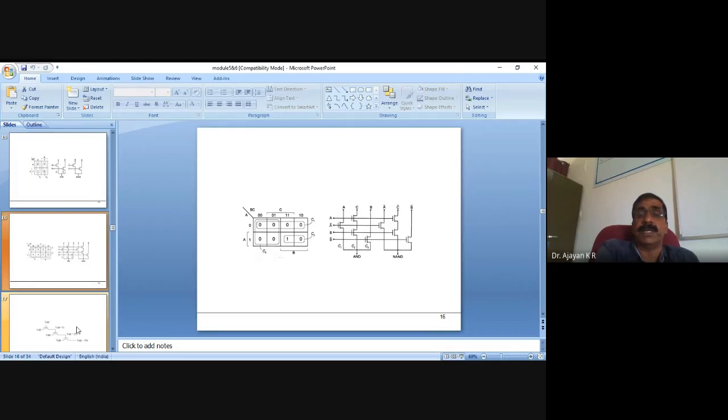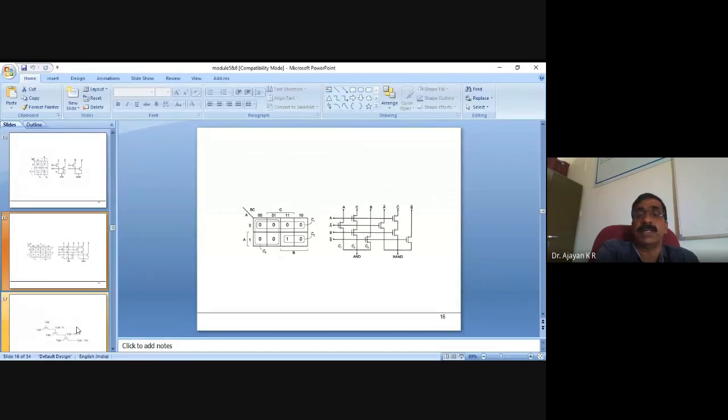But this is just when A is equal to 1. The requirements are it becomes 0 when B is equal to 0. If B is equal to 1, it becomes C.